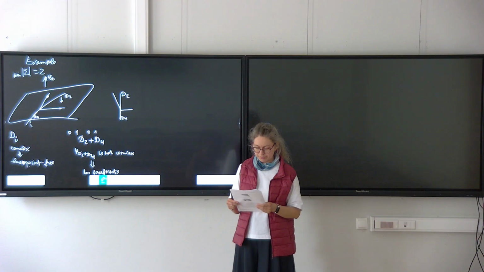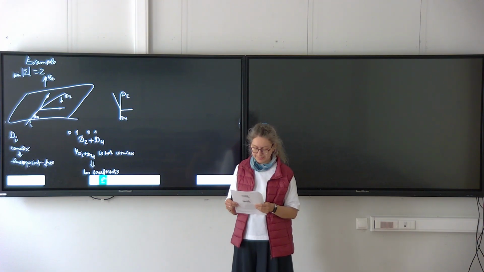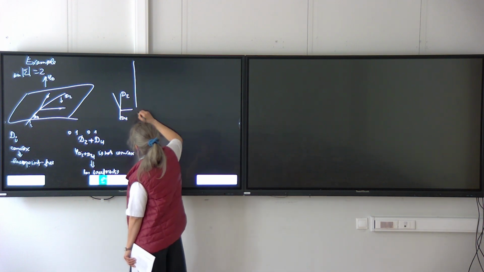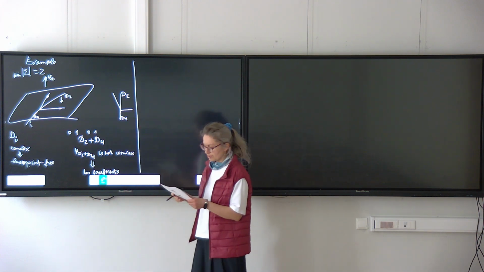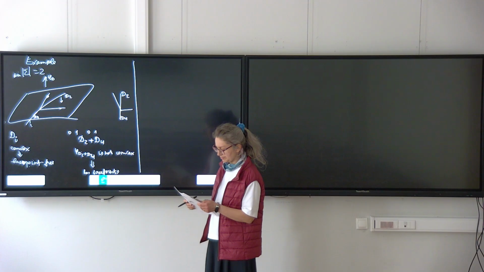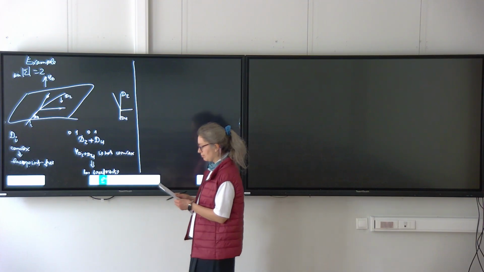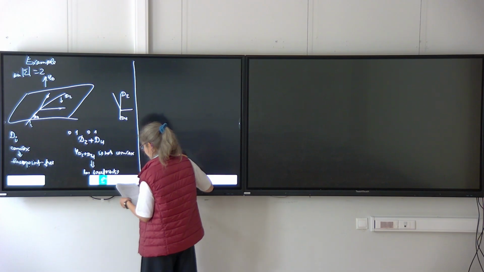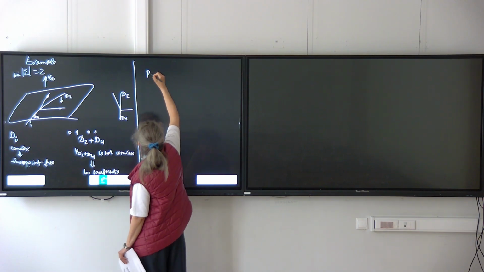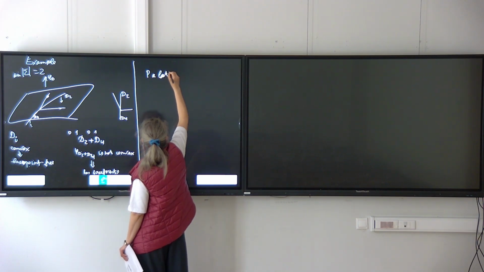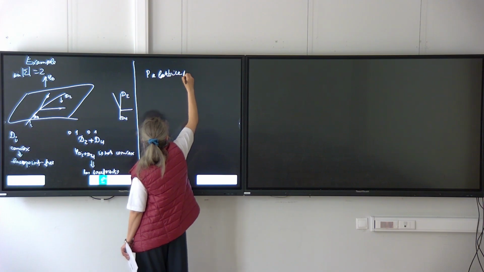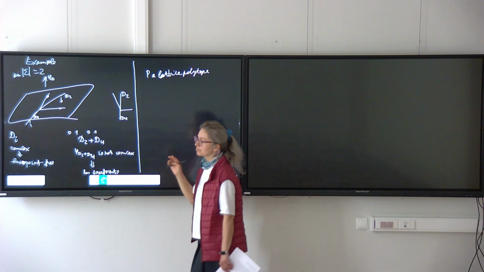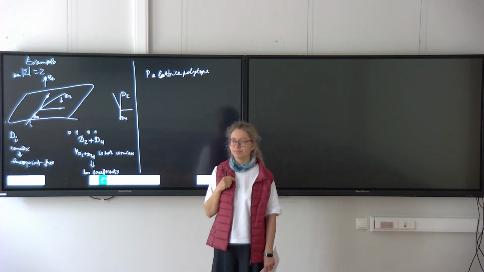Now a little bit of polytopes. So suppose that we have a lattice polytope, so its vertices are from the lattice.